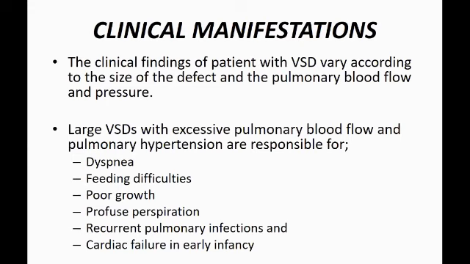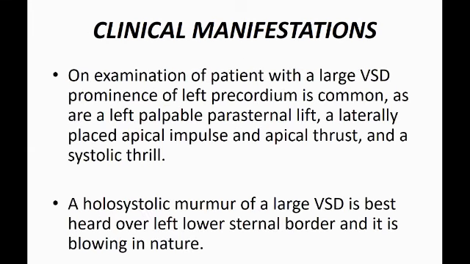As a result of poor feeding, their growth is affected. When they are in cardiac failure, they perspire profusely, and sometimes they are treated as having recurrent pulmonary infections. Actually, they are having signs of cardiac failure, and they develop cardiac failure early in infancy.